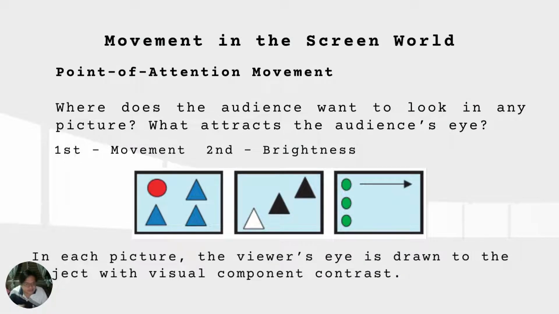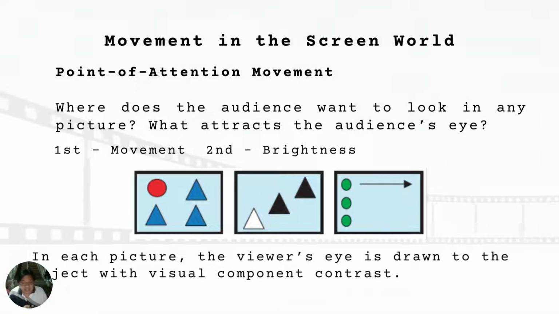Automatically when you see the three pictures, your eye guides you to where to look first. Where does the audience want to look in any picture? What attracts the audience's eye? So first is the movement, and second is brightness. So first movement, next is brightness.